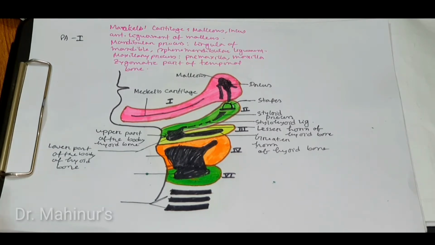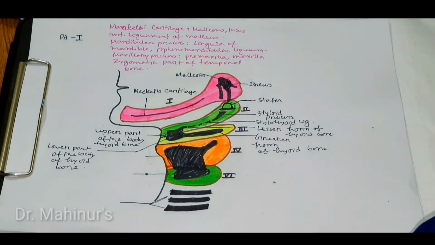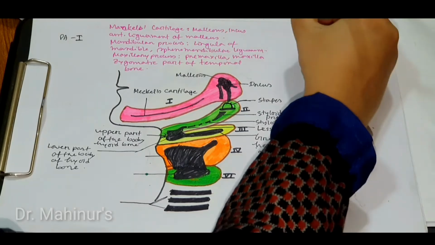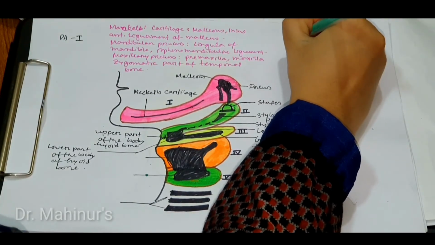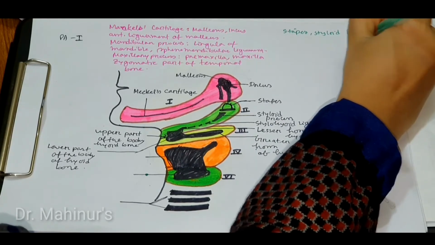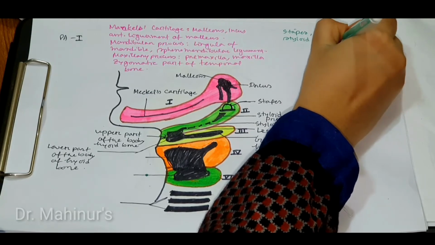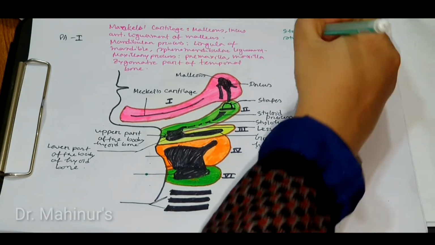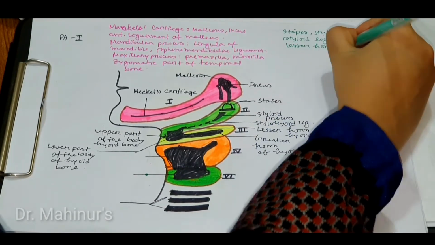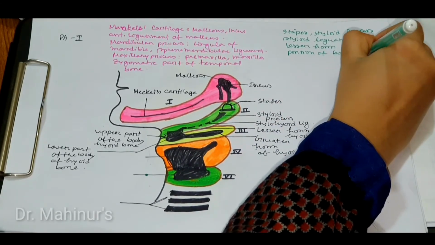So I am writing here: cartilages of the second or hyoid arch give rise to stapes, styloid process, stylohyoid ligament, and ventrally the lesser horn and upper part of the body of the hyoid bone.